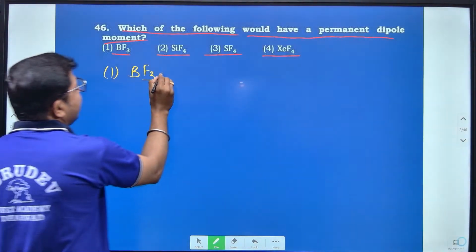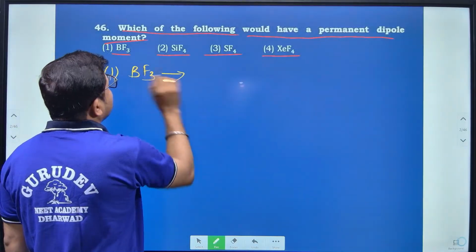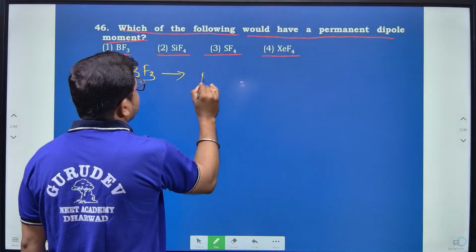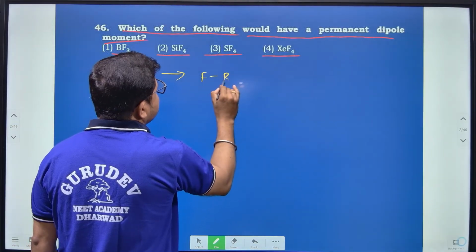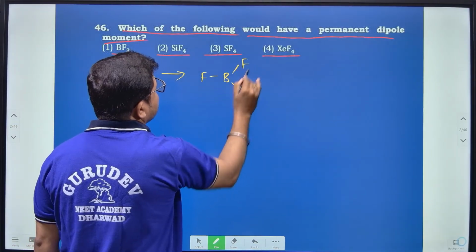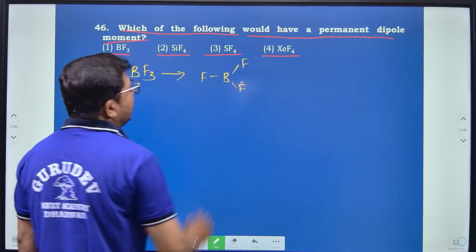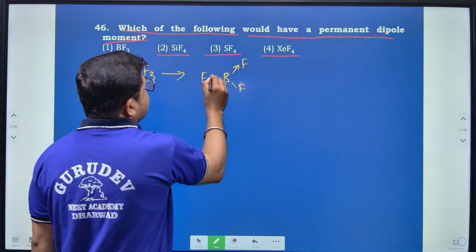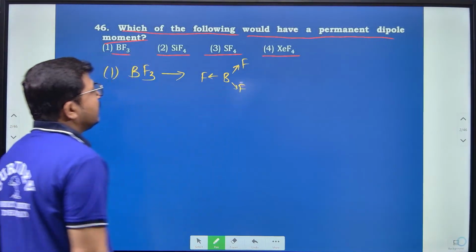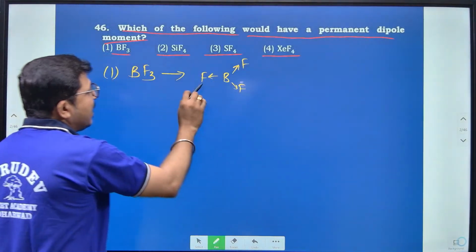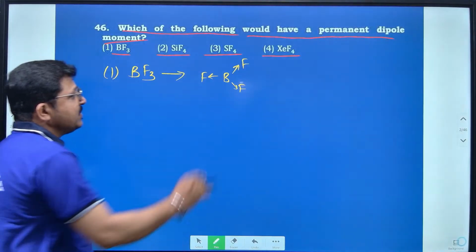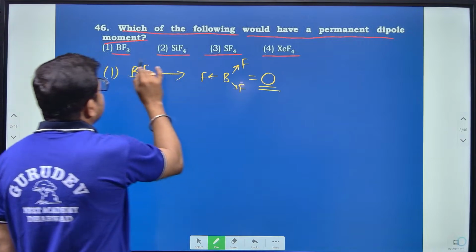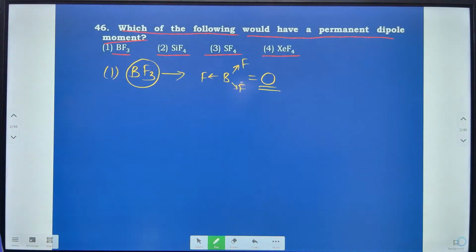This has a trigonal planar structure, and due to this trigonal planar structure, the vector sum of all three bond dipole moments becomes 0, hence the dipole moment of BF3 is equal to 0.